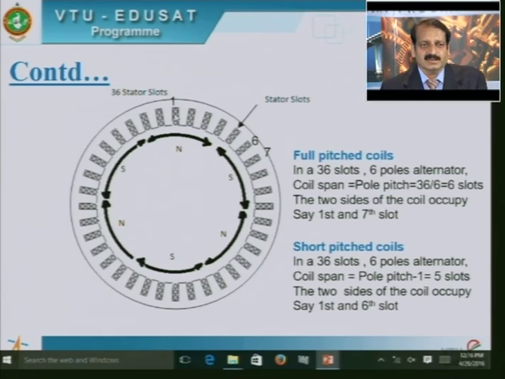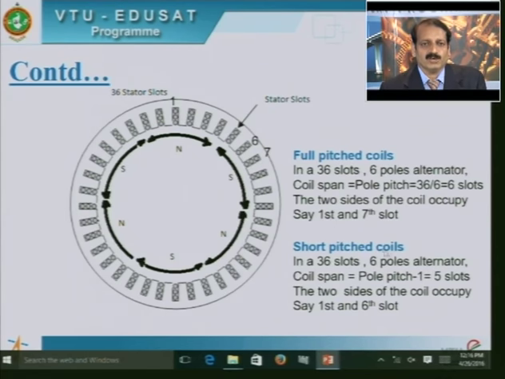That means the coil side placed in the first slot should be connected to the coil side placed in the 7th slot, that is here.